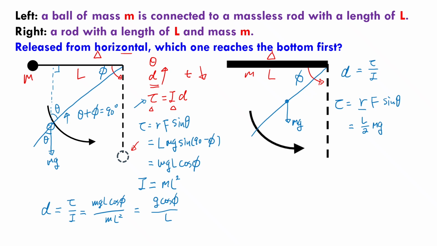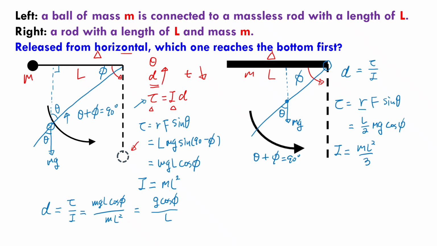Then we can do the same thing. This is the angle between the rod and gravity. We can extend this line. Then theta plus phi equals 90 degrees. So sine theta is cosine phi. All right, now let's look at the inertia. The inertia for a rod pivoted at one end is mL squared divided by 3.